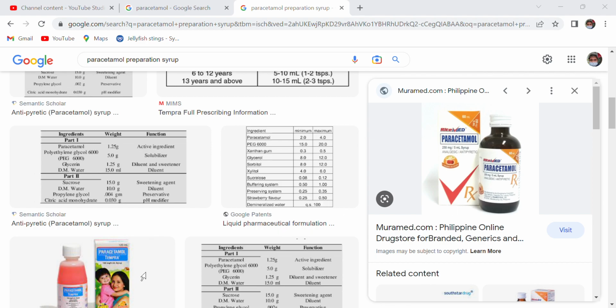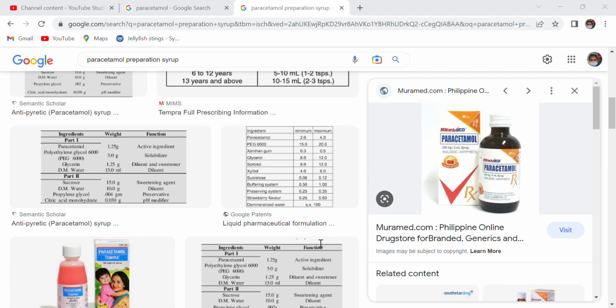So 975 divided by 250 is equal to 3.9. So 3.9 ml is the dose that you are going to give to your son or daughter.